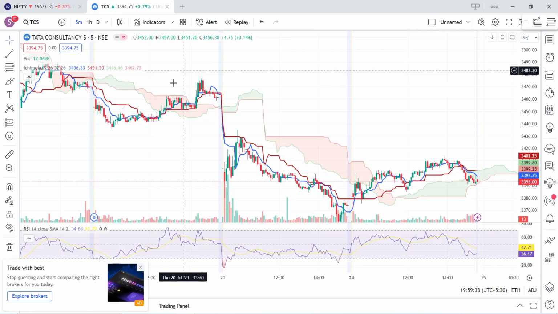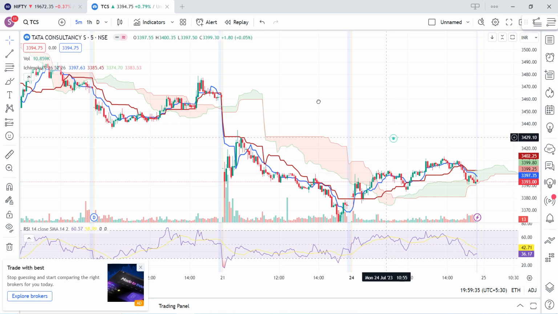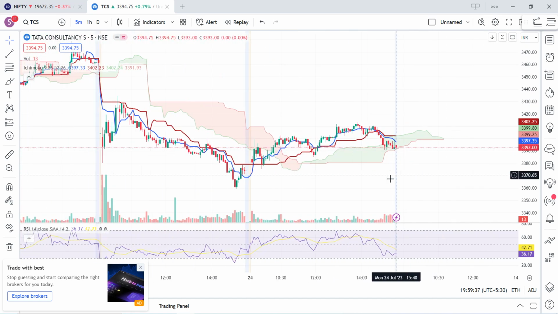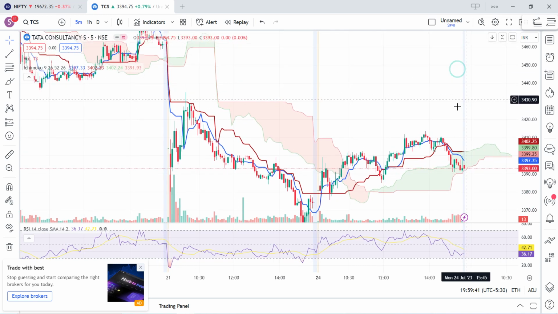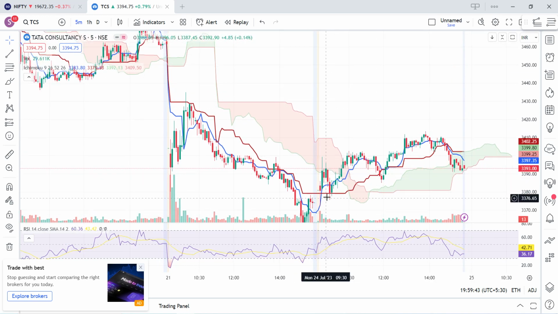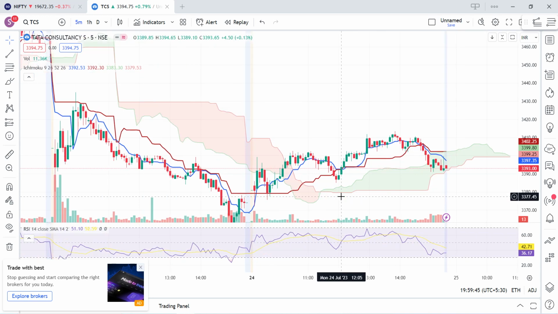Okay, now I am going to TCS. Even today the market gives some signals in TCS, but again it comes down, so here I would have to take one loss, that means the stop loss would hit.